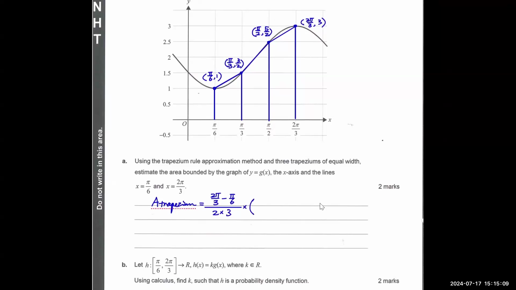Times the first y value plus 2 lots of the second y value plus 2 lots of the next y value, and there is one last y value, which is 3, okay? So you only double up the middle y values, with the first one and the last one you just keep a value for each end.